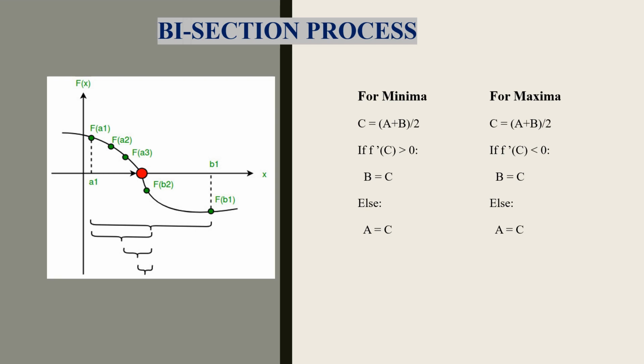And we have to check whether it is greater than 0 or less than 0. If it is greater than 0, then the interval will be updated to a comma c, or else updated to c comma b for minimum. And for maxima, if the derivative of the function is less than 0, then it is updated to a comma c, or else c comma b.